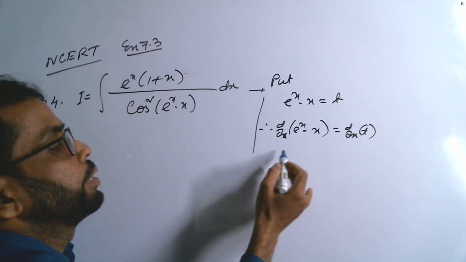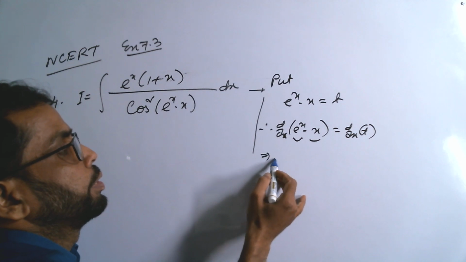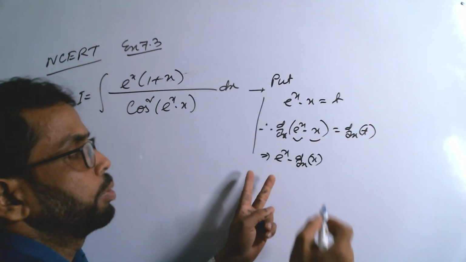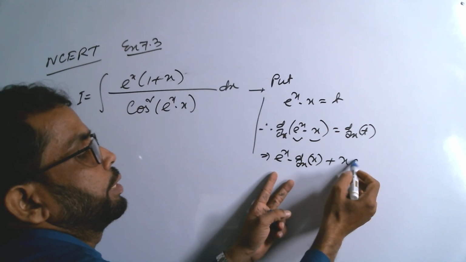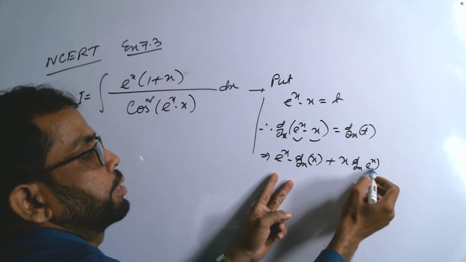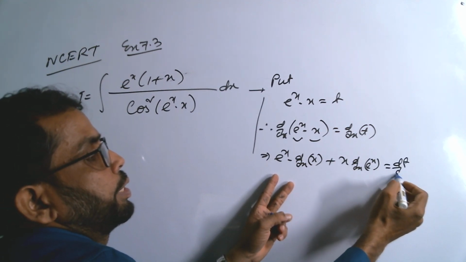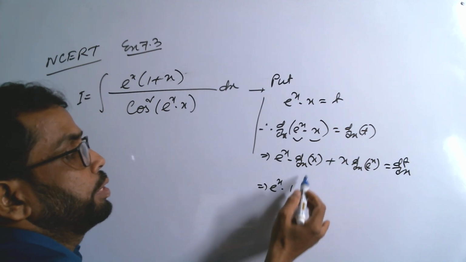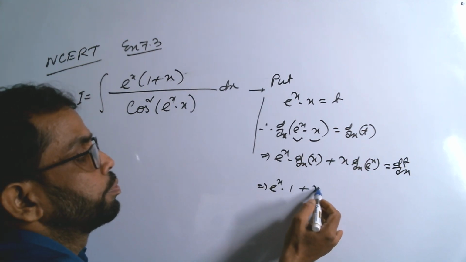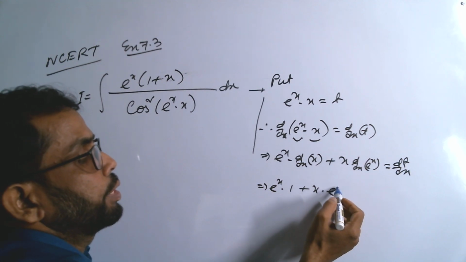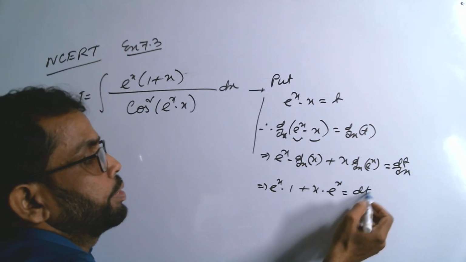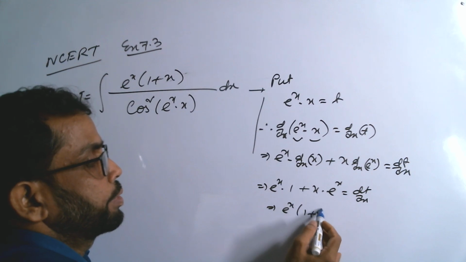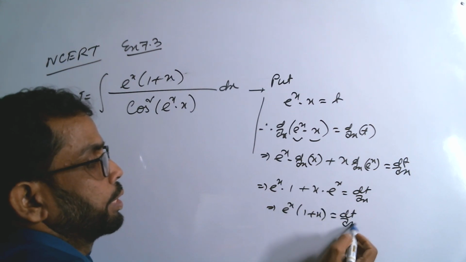Differentiating both sides, we will apply the product formula: first into d dx of second, plus second into d dx of first, right hand side dt by dx. d dx of x is 1, and d dx of e power x remains the same. So finally, e to the power x common, 1 plus x equals dt by dx.